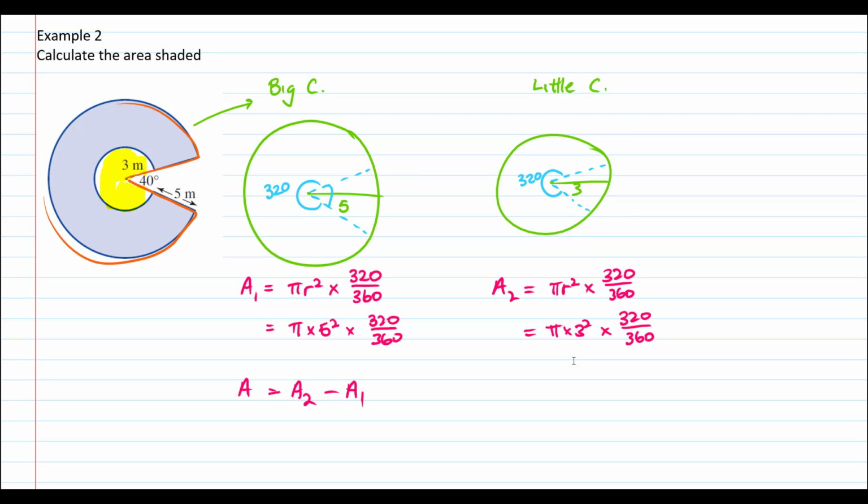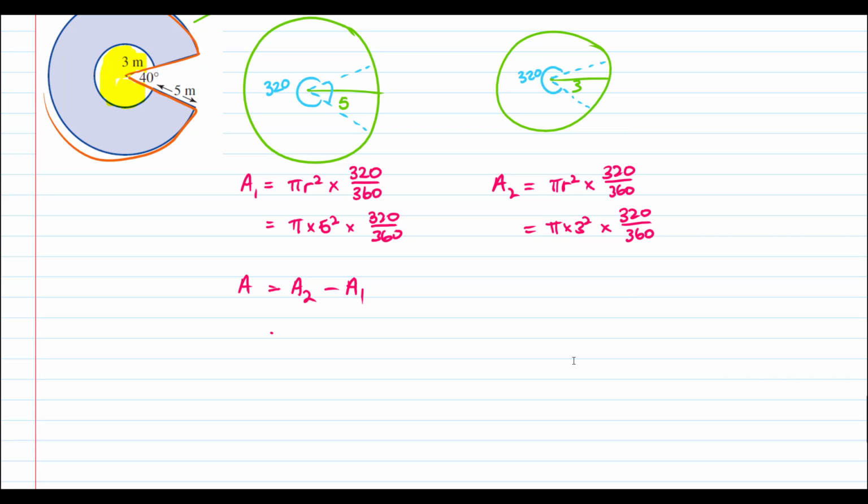And so I'm going to do that subtraction now. And once I've completed that subtraction, which looks a bit like this, pi times 5 squared times 320 over 360 minus pi times 3 squared times 320 over 360, I'll come out with an answer of 44.68 meters squared.